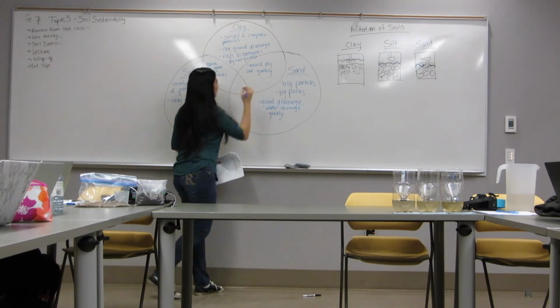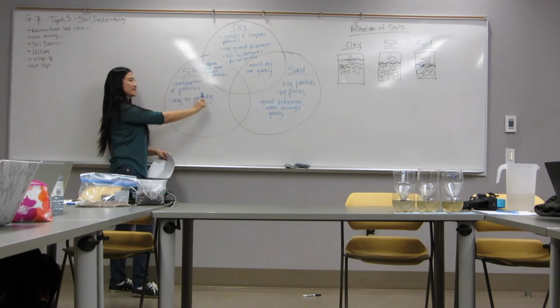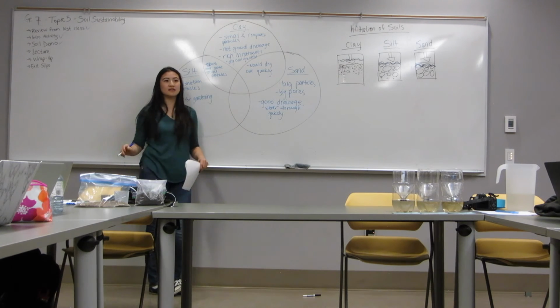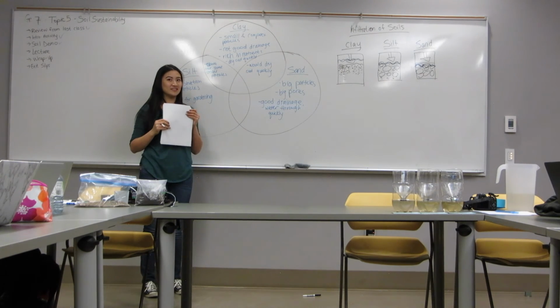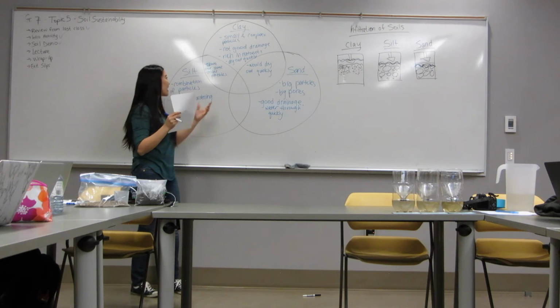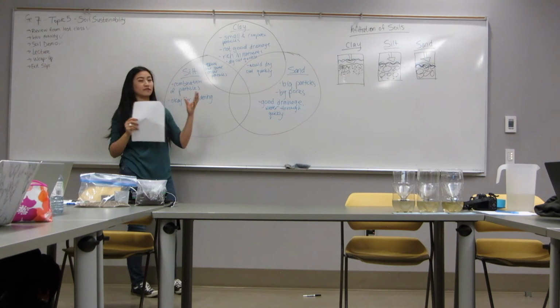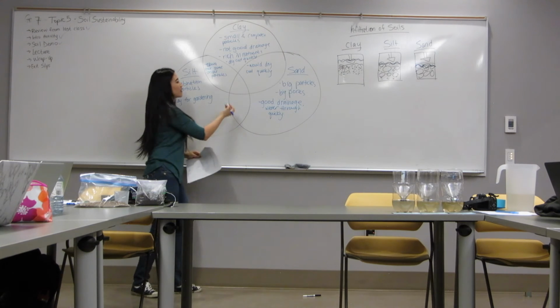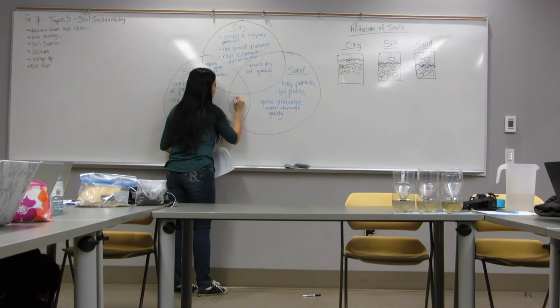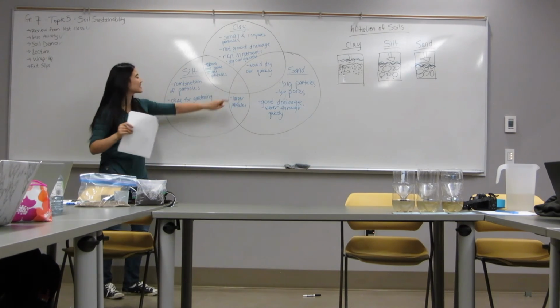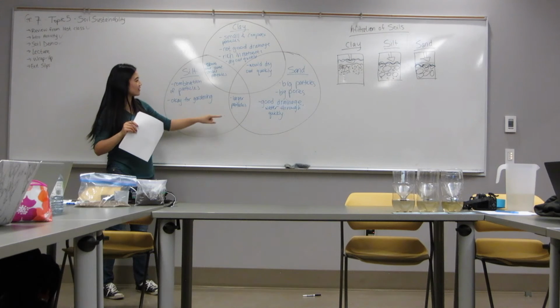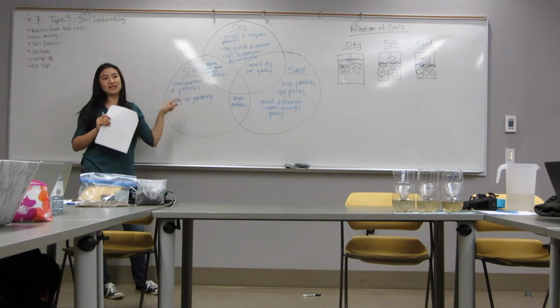And then what's something similar between silt and sand? They both have larger particles? Yeah, silt has a mixture of large particles, and sand is large particles, so they do have larger particles in them. And what is something that is similar with all three?